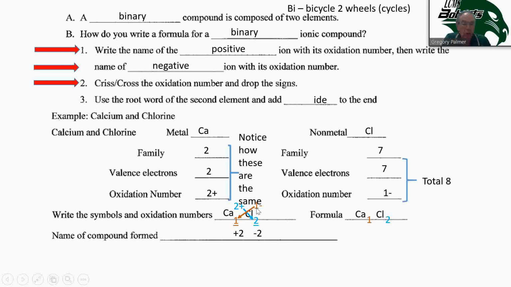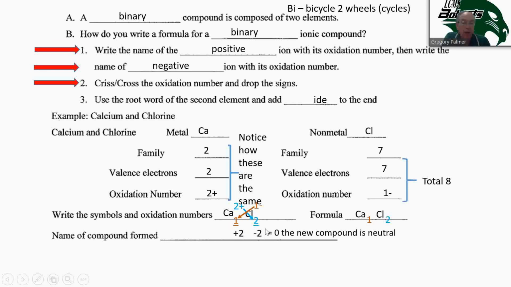Well, if each chlorine has a charge of -1 and there's 2 of them, the 2 negative 1s make a -2. And earlier in the notes, I said these ionic compounds are neutral. Well, the 1 calcium with its charge of 2+, the 2 chlorines, each with their charge of 1 negative, is a 2 negative. So when you add those together, it's 0. So the sum of the compound is 0.